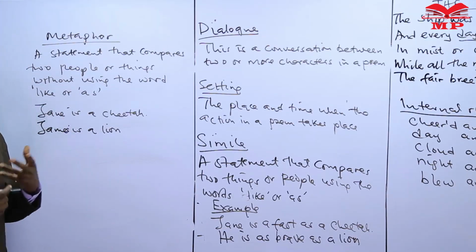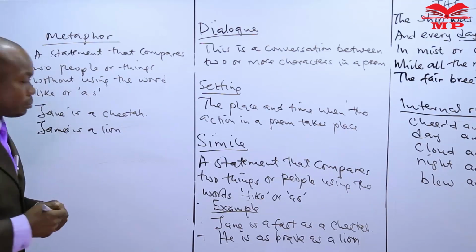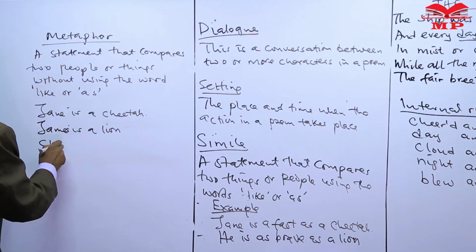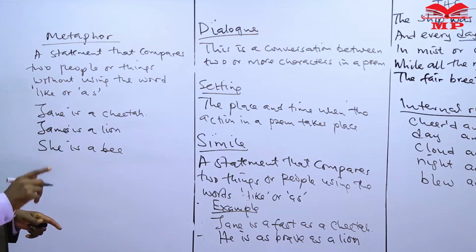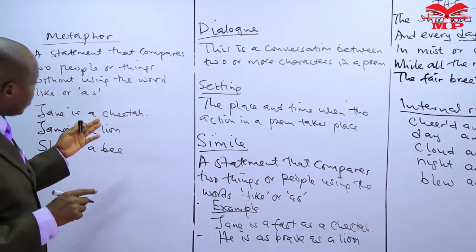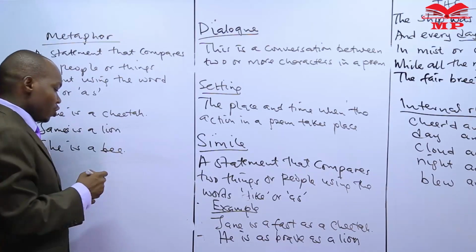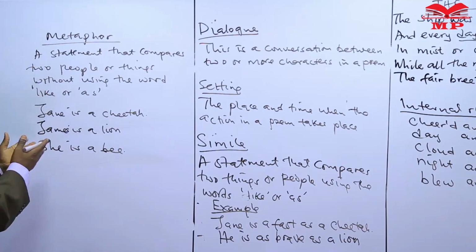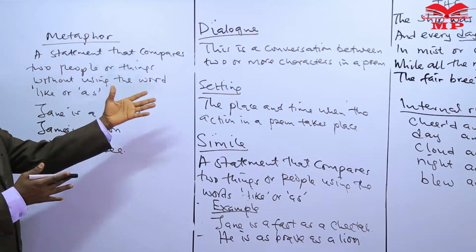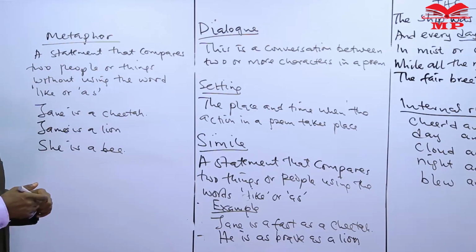So you should be able to get more examples. You can say, she is a bee. What does it mean? It means that she is a busy person. She's not an animal. So you should be able to identify use of similes and metaphors in poetry.